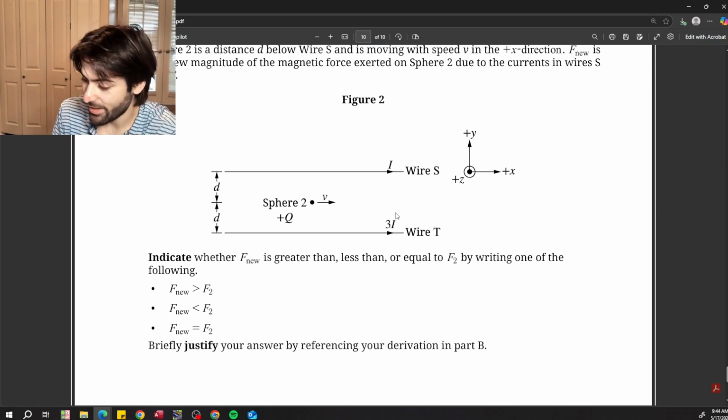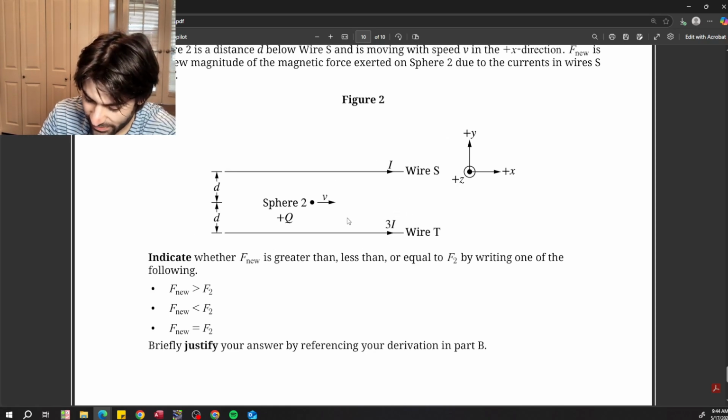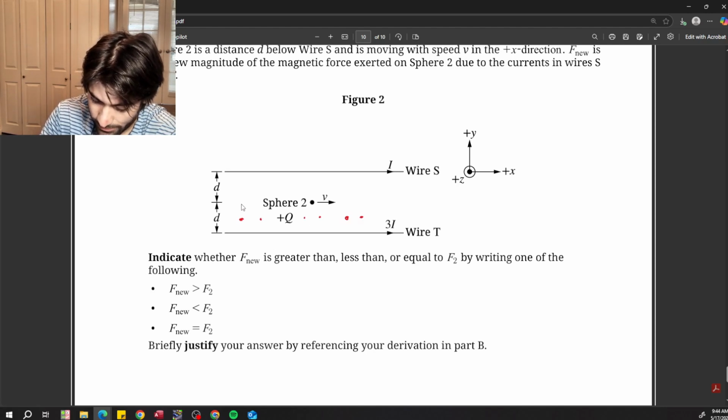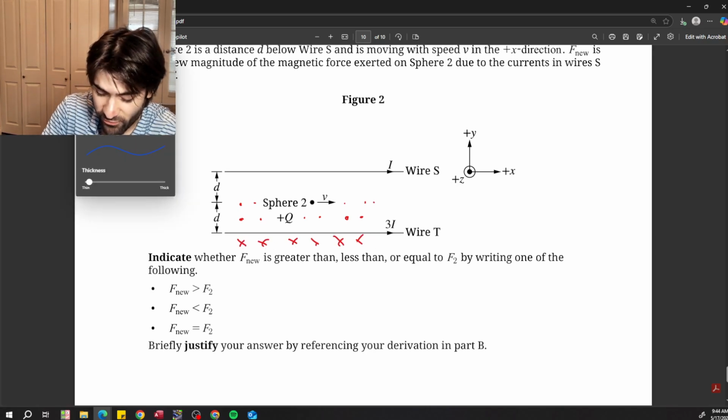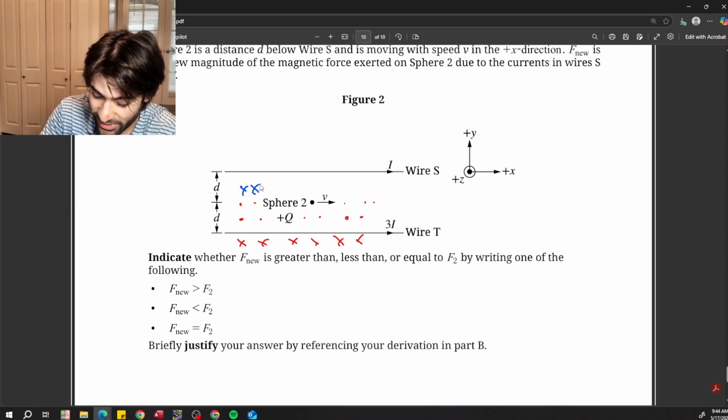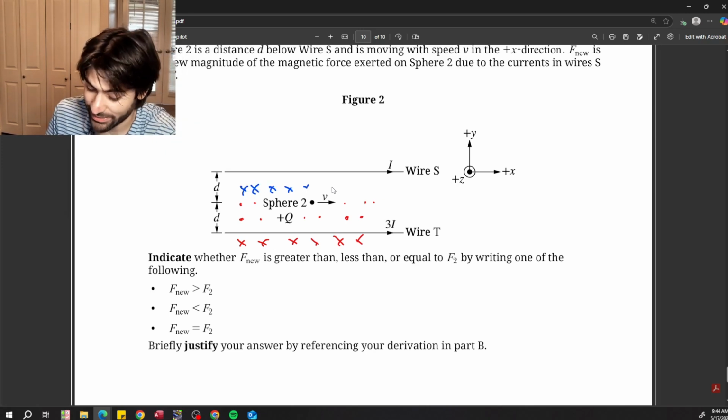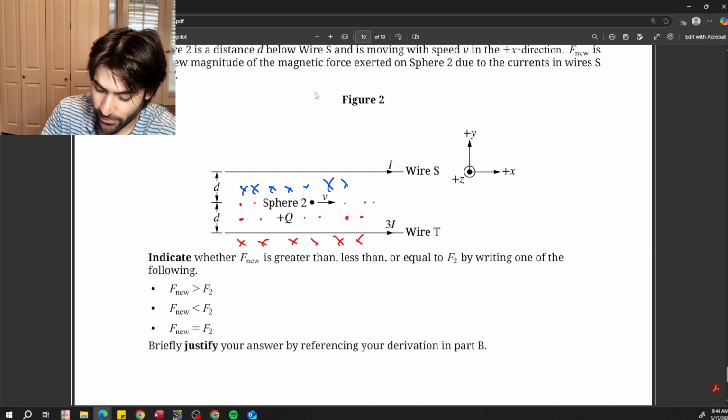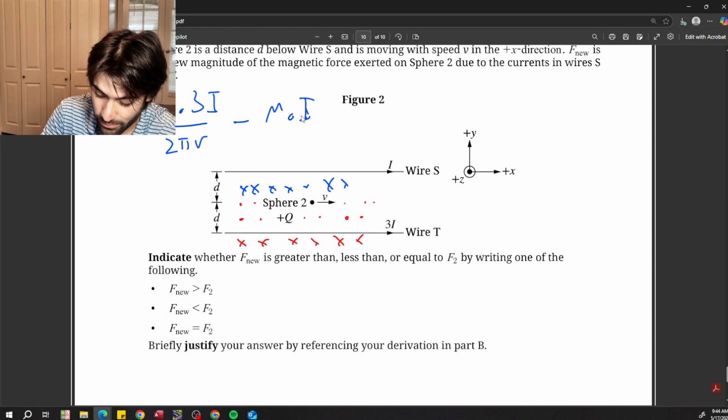So if you do the right-hand rule, this is now coming out of the page from wire T, and it's 3 times stronger, whereas this one for wire S is still going into the page, so they are going to actually subtract. So I'm essentially going to have mu naught 3I over 2 pi d minus mu naught I over 2 pi d.